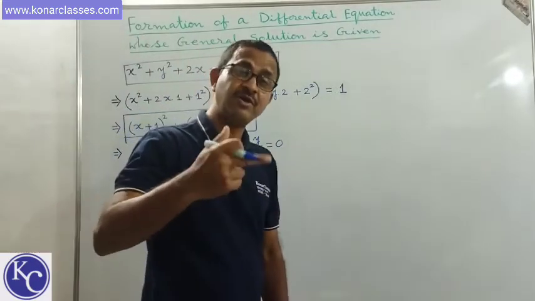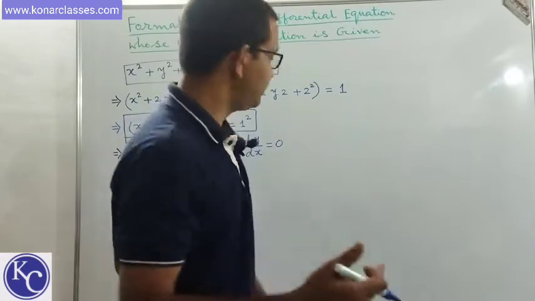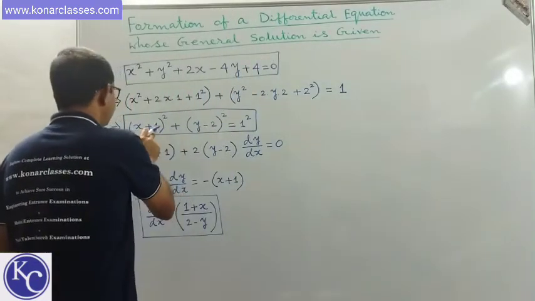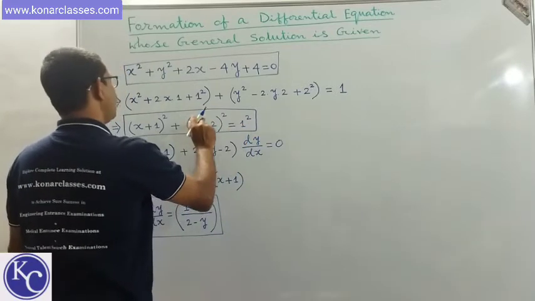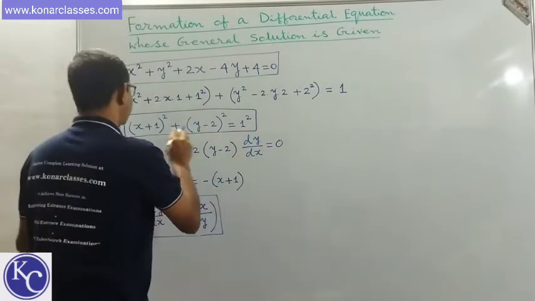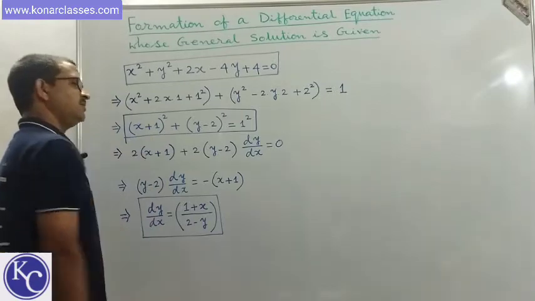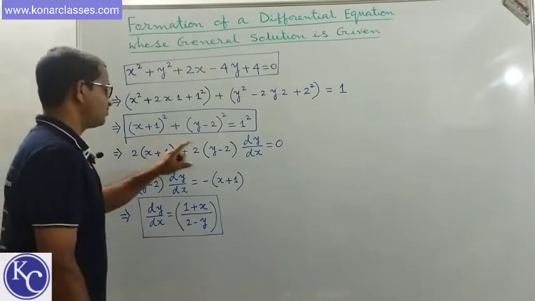When it is a family of circles, the radius will be different, but they will have the same center, that is minus 1 comma 2.